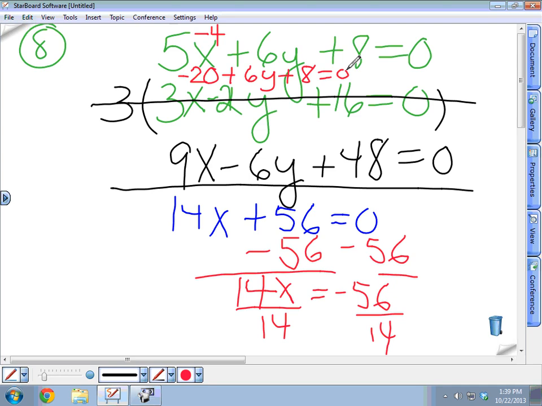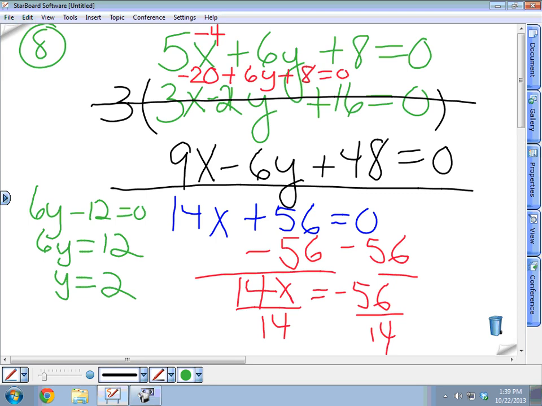And so what am I left with up there? 6y minus 20 plus 8, minus 12 equals 0. Add 12 to both sides. Divide both sides by 6. And y equals 2. So, I believe the solution set is negative 4, 2.